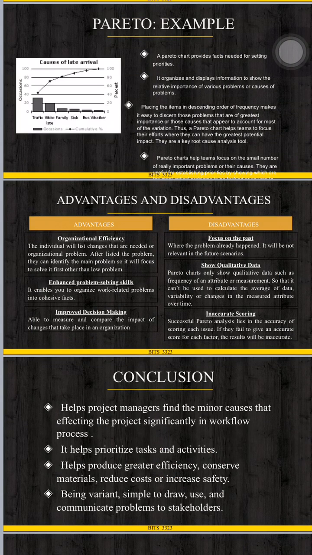As for the disadvantages, focus on the past. Where the problem has already happened, it will not be relevant in future scenarios. Then, shows qualitative data. Pareto charts only show qualitative data such as frequency of an attribute or measurement, so they cannot be used to calculate the average of data variability and change in the measured attribute over time.